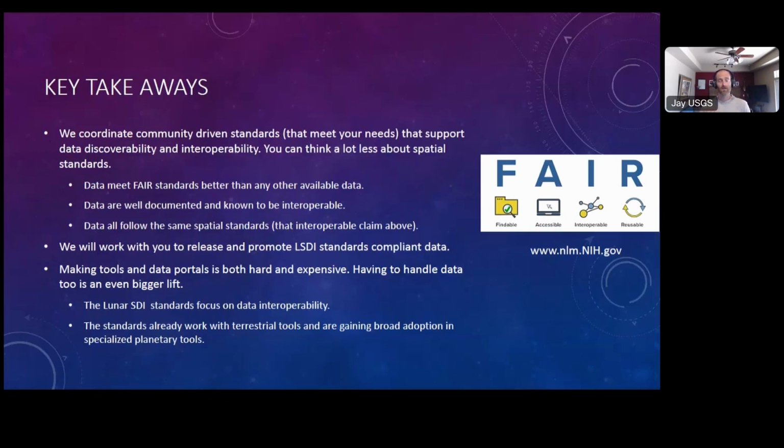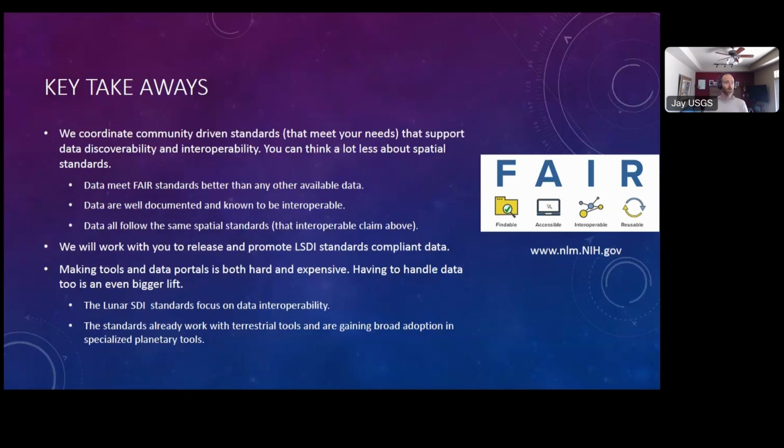The data that we're promoting are compliant with the FAIR standards. They're compliant with SPD 41A. They're well documented, they're interoperable, and they all follow the same spatial standards. So that falls back to what Brent was talking about two talks ago, where the underlying foundational spatial standards are essential to make sure that the data are interoperable for everyone.